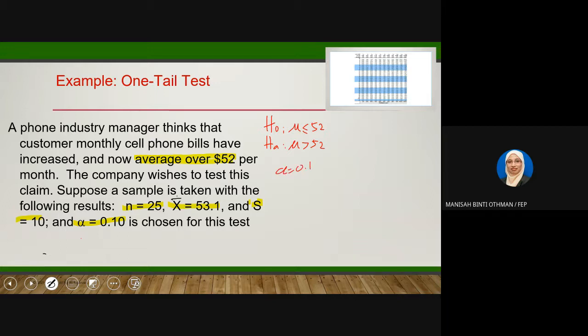Then if we transfer to the distribution here, it is more than, so is it an upper tail or lower tail? This one is one tail, but is it upper tail or lower tail?